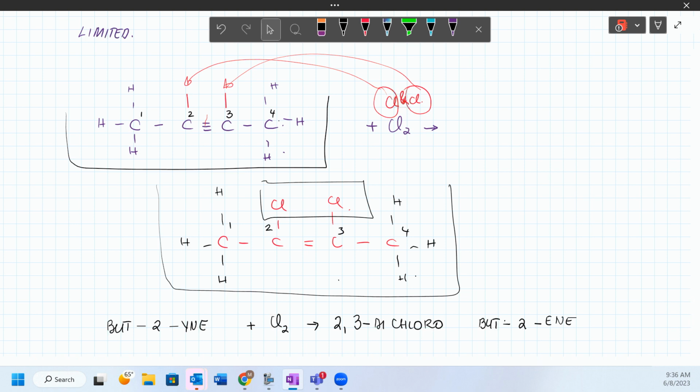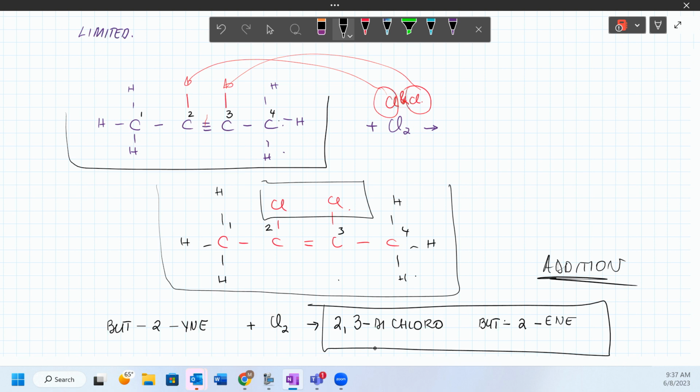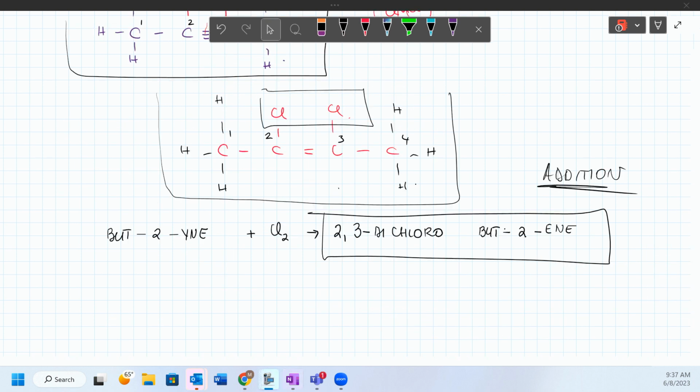So even when you have something in writing, you should be able to say, 1, what type of reaction is it? And when it is ending with one product, then it is always addition. Okay. And then being able to draw the structural formula of those reactions. Make sense? Okay.